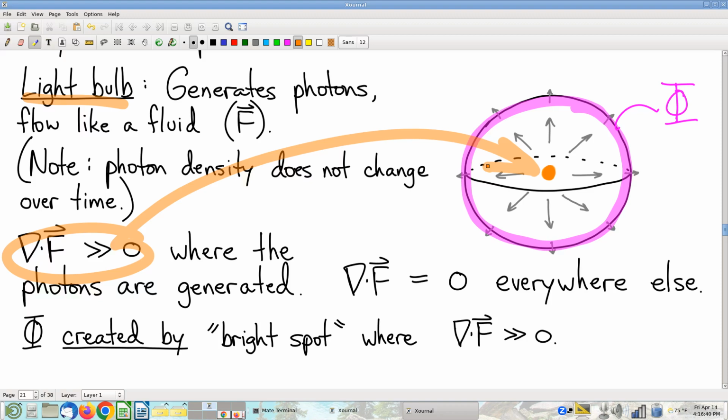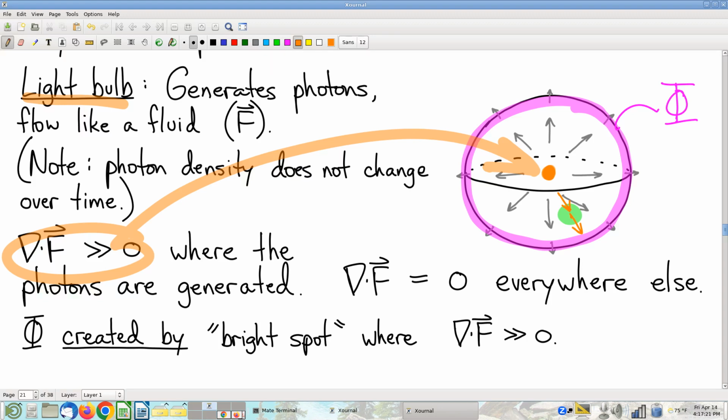By comparison, let's think about a point over here. In that general vicinity, how much of the boundary flux, how many of the photons, are coming from there? None of them. They're all coming from the bulb. This is just air. To be fair, there are photons coming out of that region, but those photons a billionth of a second prior had flowed into that region from somewhere else.